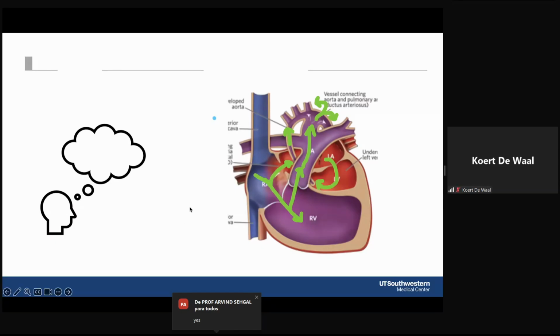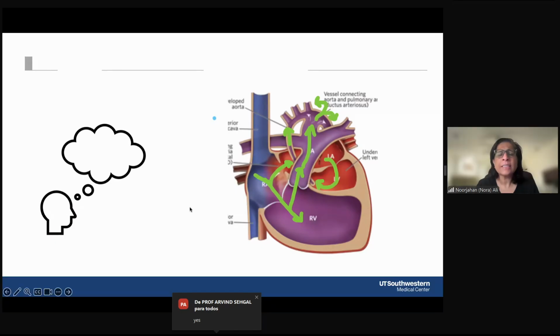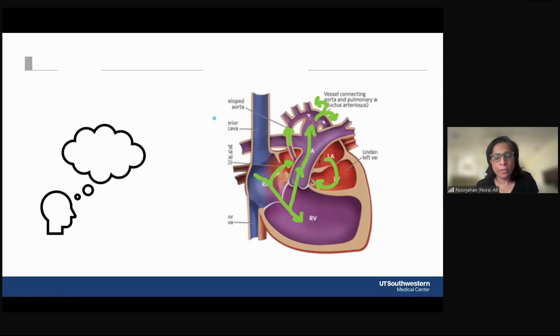Okay, sorry. So this is what my team thought the blood flow would be, squiggling around everywhere. Everybody had a question: what do we do with this fear? My goal for this talk is really to talk to you about delivery room management, hoping that I can let go of some of that fear.